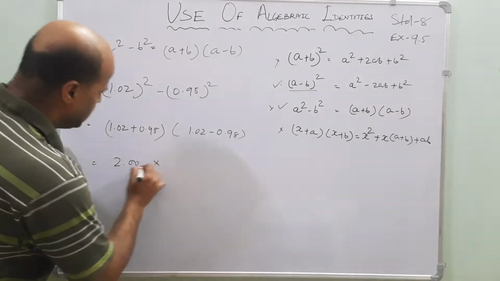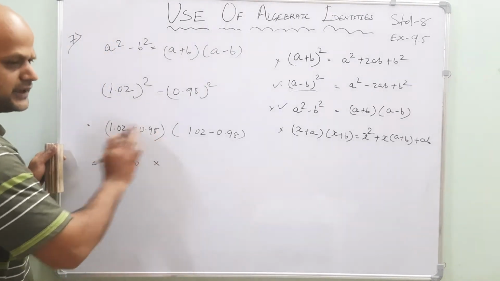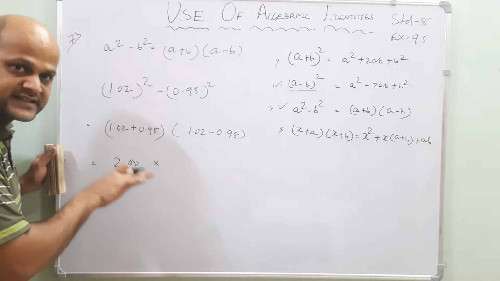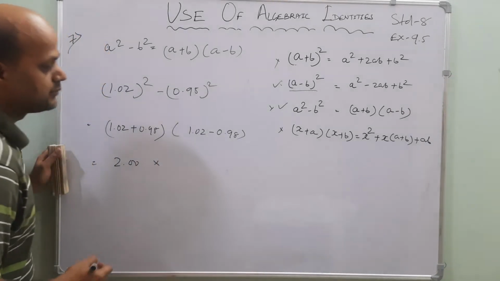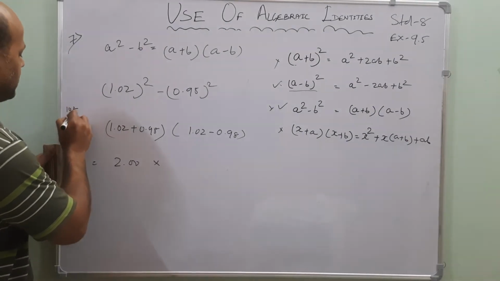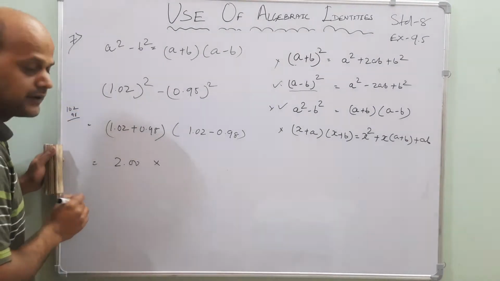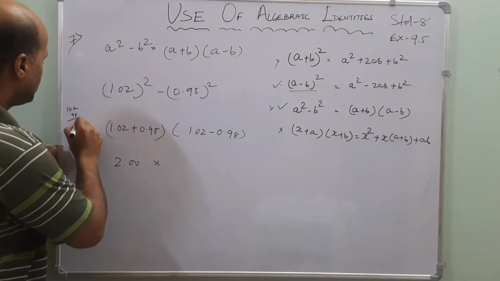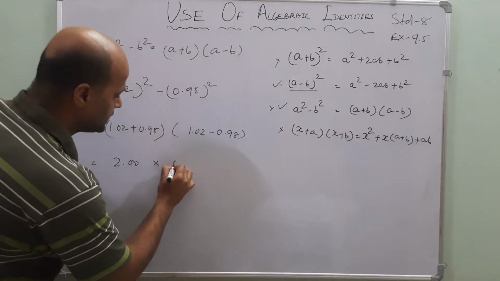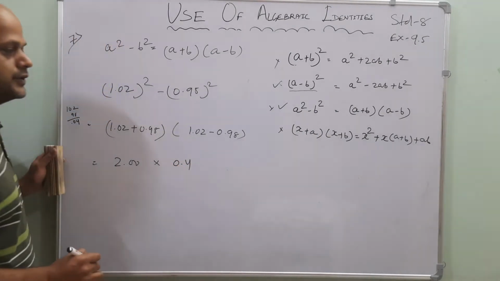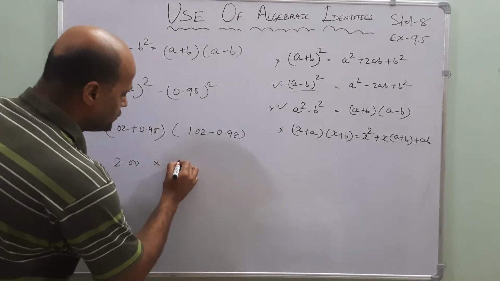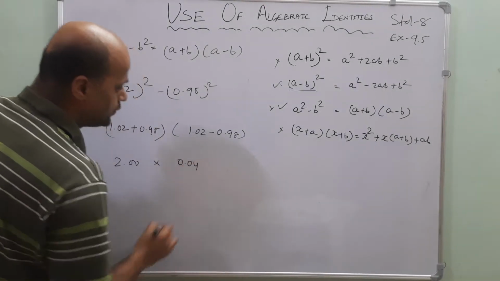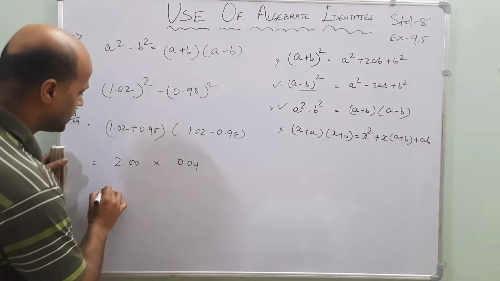Into 1.02 minus 0.98. I will go step by step so that you can easily understand it. This one is how much? 102 minus 98, how much will remain, my dear friends? It is coming as 4, 0.4. Sorry, not 0.4, 0.04.